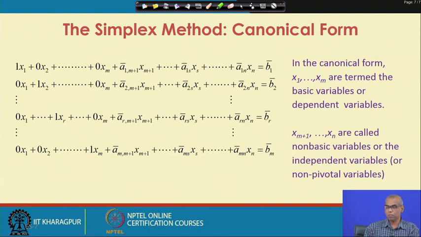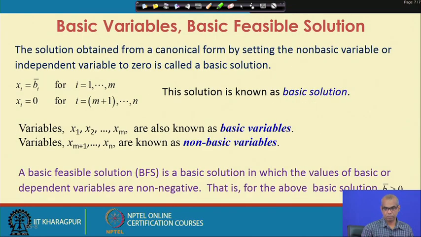In the canonical form, x 1 to x m are termed as basic variables or dependent variables, and x m plus 1 to x n are called non-basic variables or independent variables or non-pivotal variables.